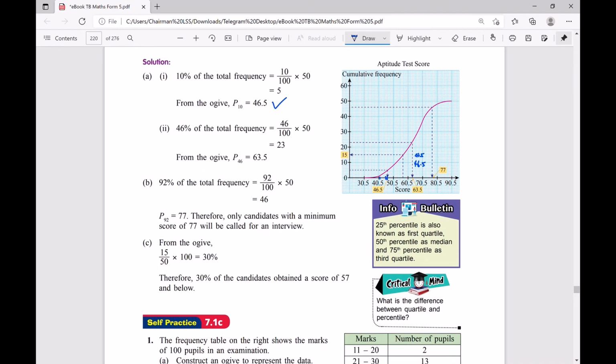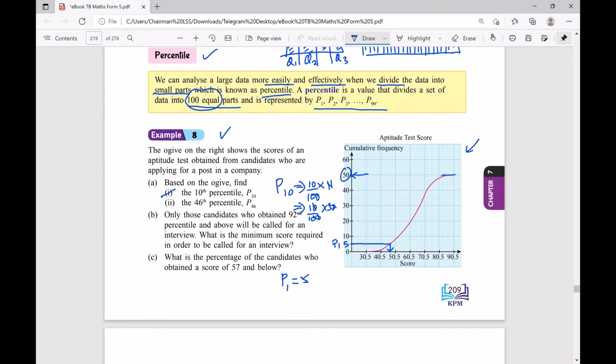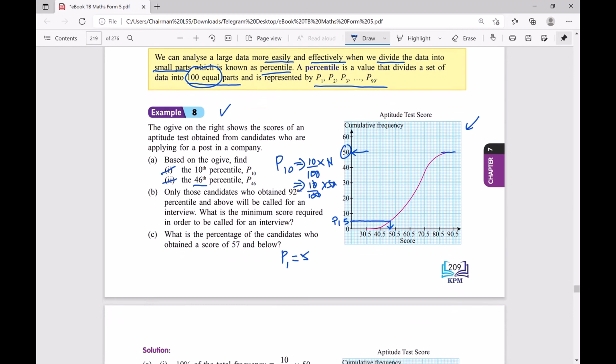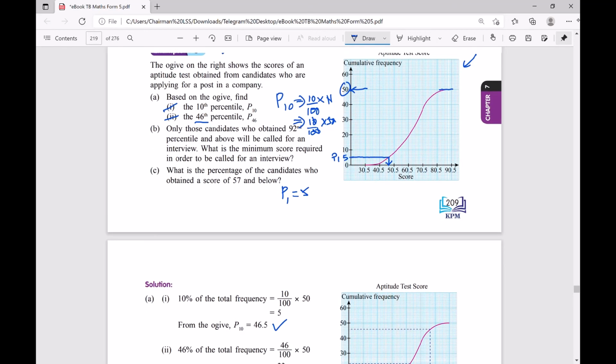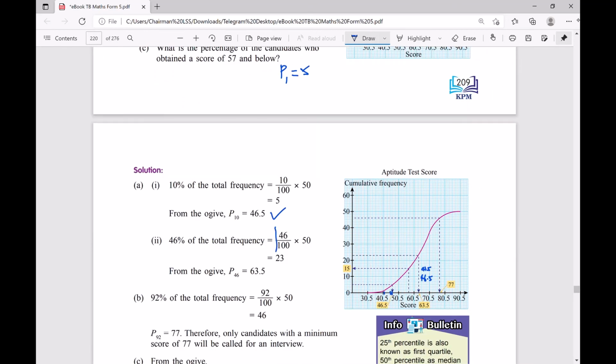Okay, and the question on the 46th percentile. That means 46 over 100 times 50, you'll get 23.